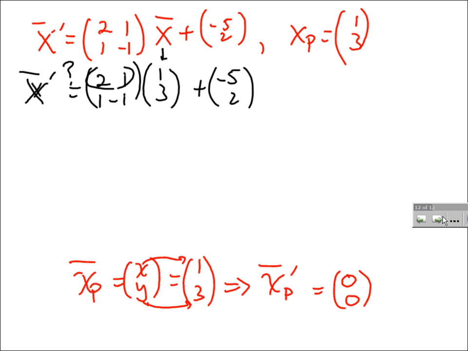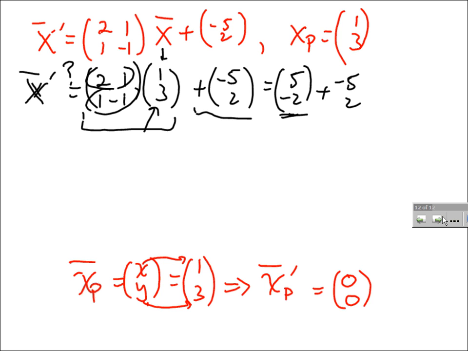This times that: 2 times 1 is 2, plus 1 times 3 is 3, 2 plus 3 is 5. This times that: 1 times 1 is 1, negative 1 times 3 is negative 3, 1 plus negative 3 is negative 2. Let's not forget to add (negative 5, 2), which gives 0, 0. It is true.